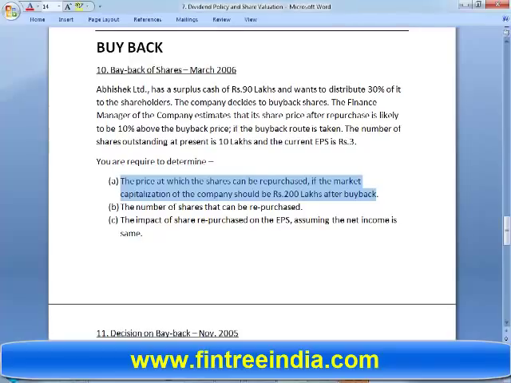The only thing is you should be able to imagine part A. Okay, and that's why the trick is. So don't expect that on the exam there would be a similar question. There might be some other twist in the tail. So you should be able to imagine that, let's say if they say that after buyback it was to be depreciated by 10%, then instead of multiplying with 1.1 we would have multiplied with... इस क्वेश्चन में कह रहा है after buyback it appreciated by 10%.